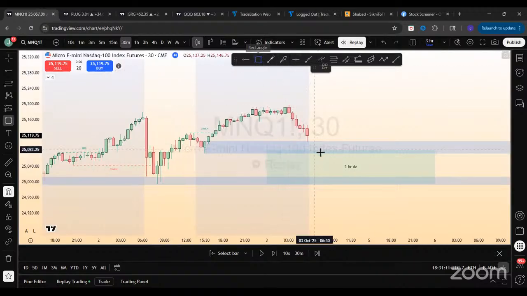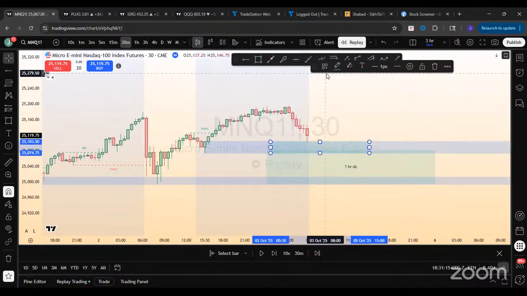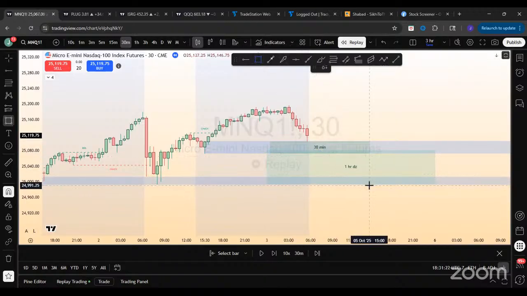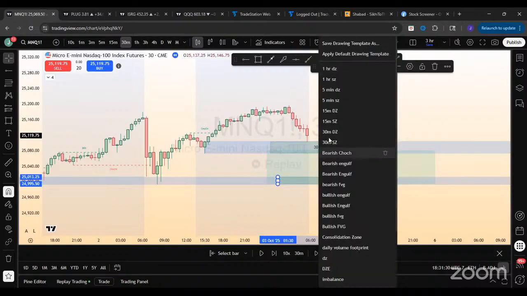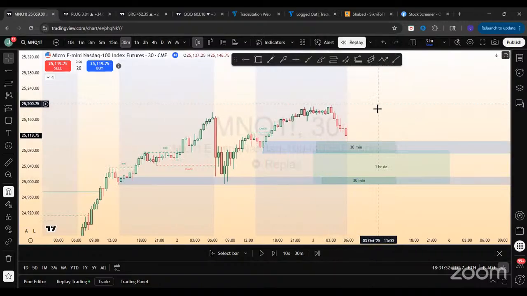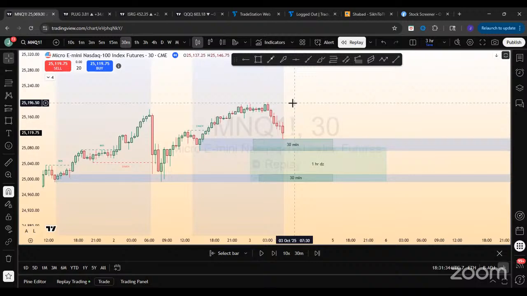So I can see the price at 30 minutes here, and then 30 minutes here, which falls into the 1 hour. Now I want the price to come into that.